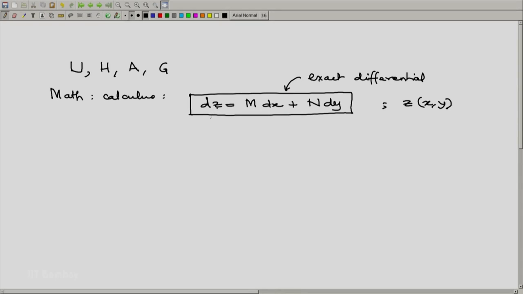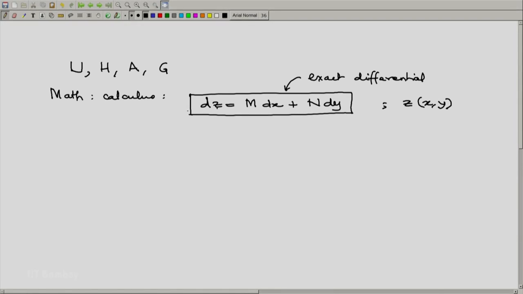Only under certain conditions these will be exact differentials. In thermodynamics, if Z is a property and if we have a proper relation which comes out in this form, then we are sure that the right hand side is an exact differential.